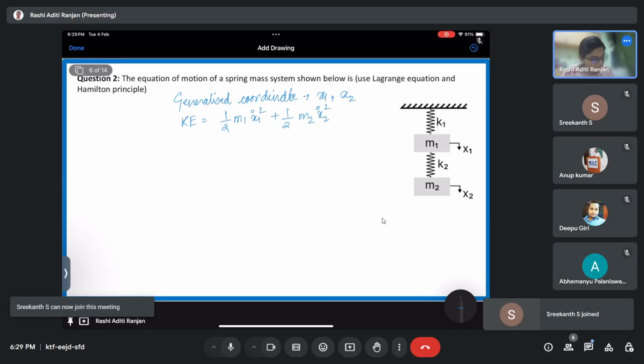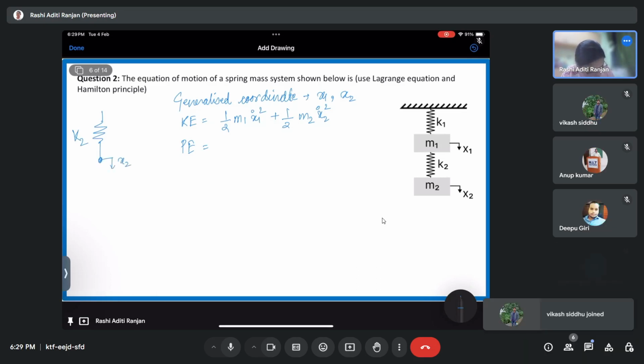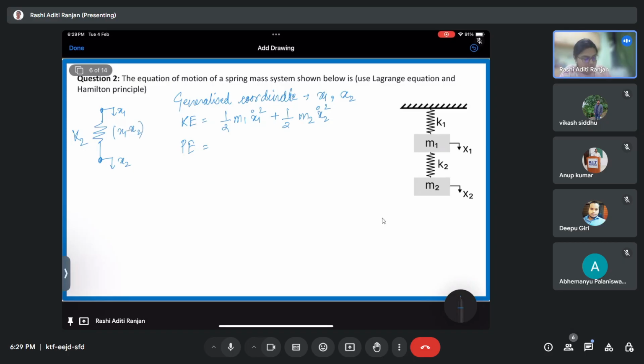Okay, coming on to potential energy. Here again we know that this spring K2, here we have a displacement of x2, here we have a displacement of x1, right? So the actual displacement will be x1 minus x2, total displacement of this spring K2, right?